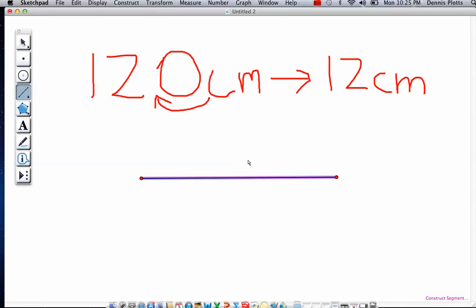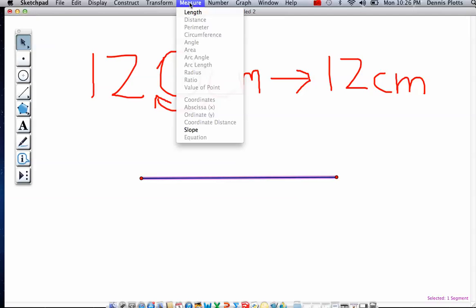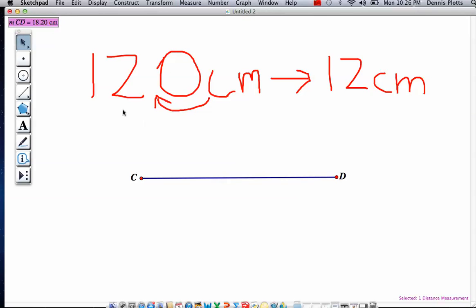Now, I know that I would need to measure this and make sure that it's going to be 1/10 the length of my original kite. So to do so, I highlight the bar, which is already highlighted, and I'm going to measure that, and that is going to be 18.2 centimeters. Now, that would be equivalent to, in real life, 182 centimeters.